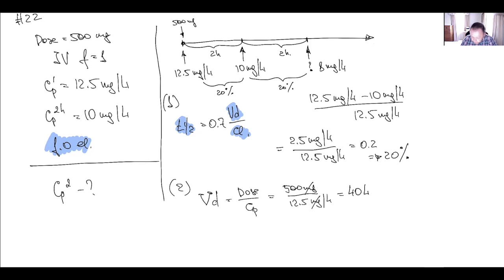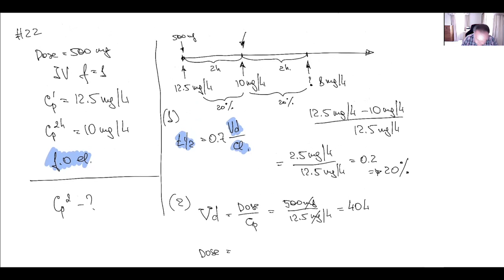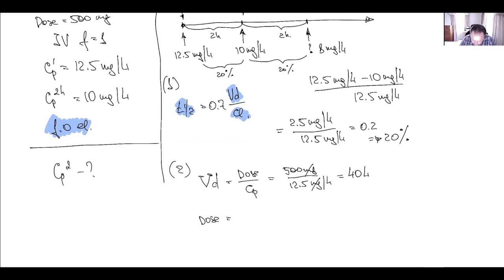We know that volume of distribution is constant, and for the next 2 hours, we can find the dose remaining in the organism. How can we find this dose? We multiply 40 liters by plasma concentration 10 milligrams per liter, and this corresponds to 400 milligrams.